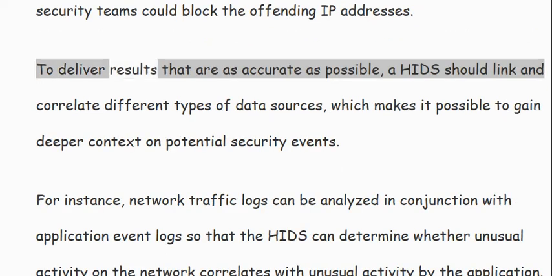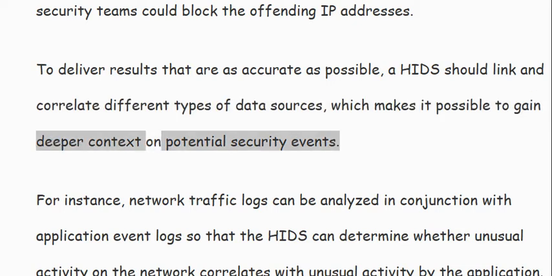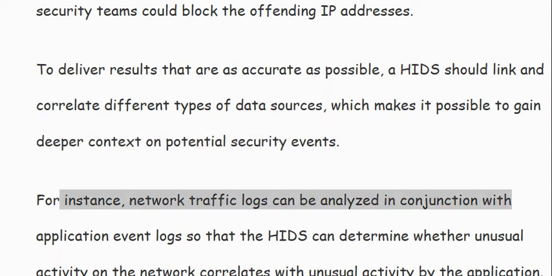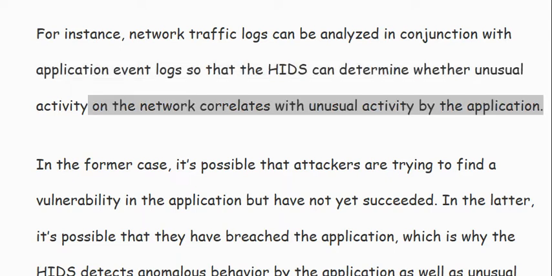To deliver results that are as accurate as possible, a HIDS should link and correlate different types of data sources, which makes it possible to gain deeper context on potential security events. For instance, network traffic logs can be analyzed in conjunction with application event logs so that the HIDS can determine whether unusual activity on the network correlates with unusual activity by the application.